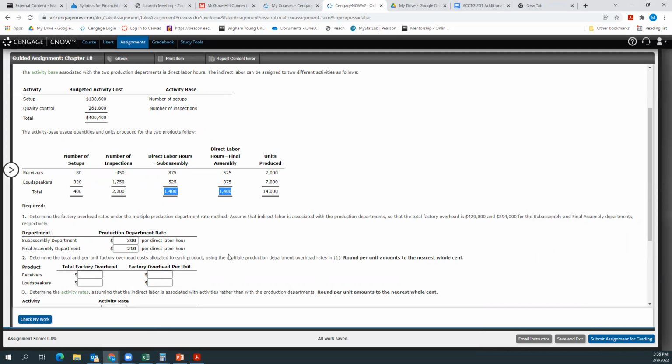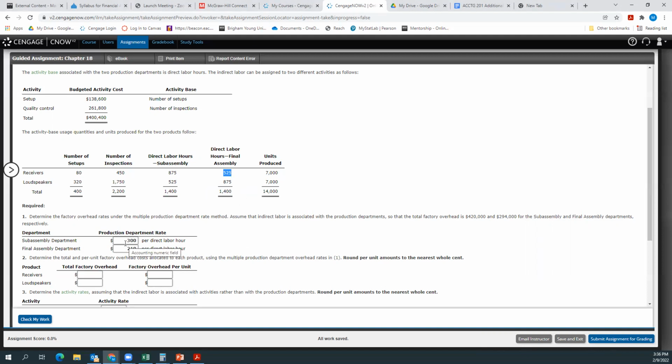So then it says to determine the total and per unit factory overhead costs allocated to each product using the multiple production department overhead rates. So we calculated these rates here. We're going to round to the nearest cent. So our total factory overhead is going to be, what we're going to do is, so we see that receivers use 875 direct labor hours from subassembly and 525 direct labor hours from final assembly.